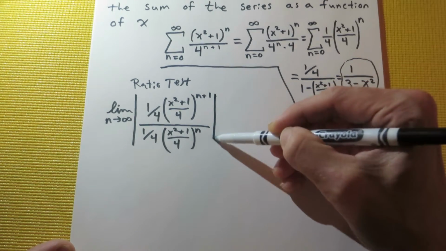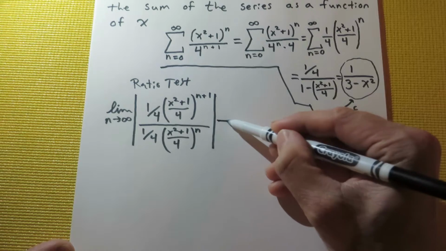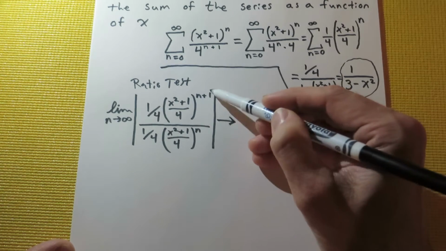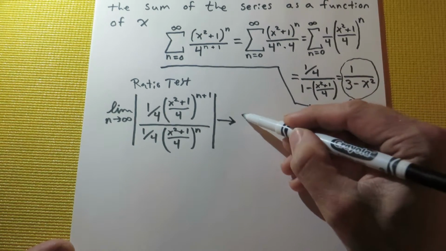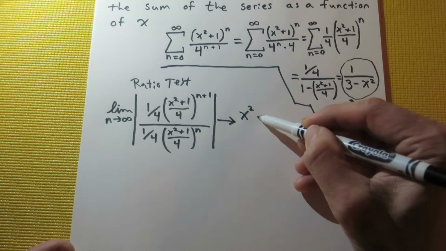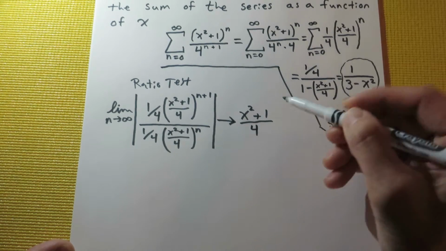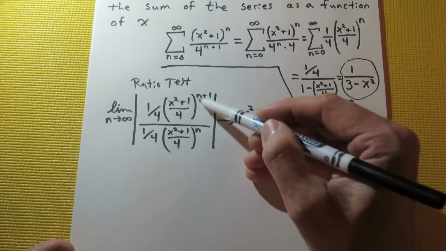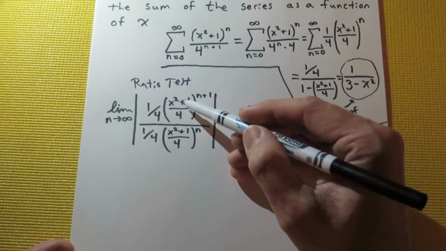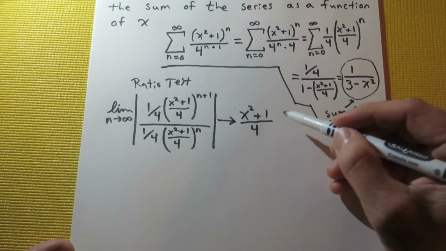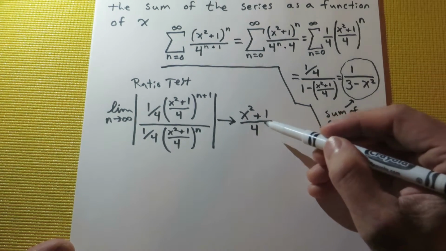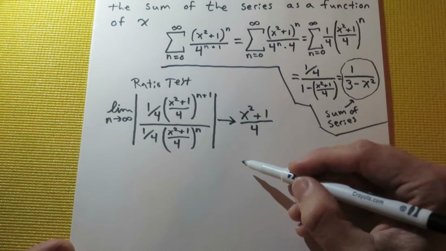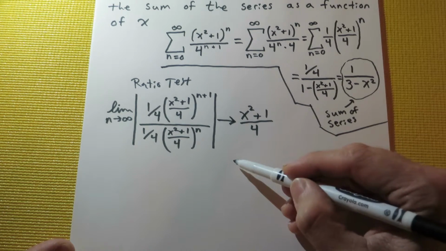What we're left with inside the absolute value is just x squared plus 1 over 4 to the 1 power, which is what was left over when the nth term canceled out.